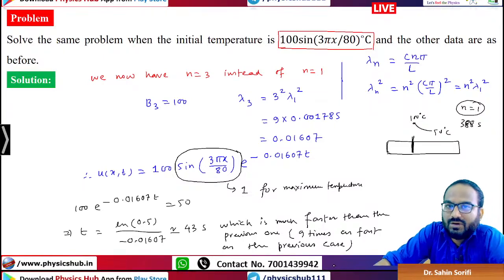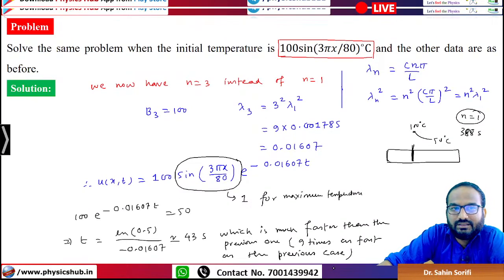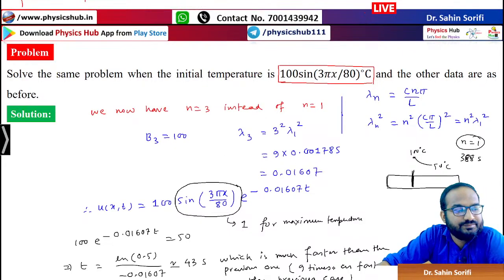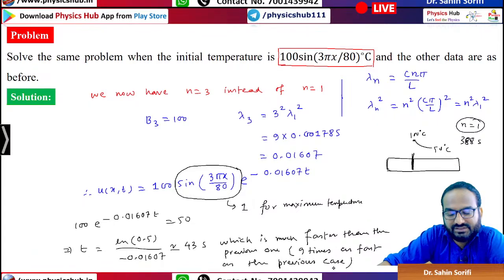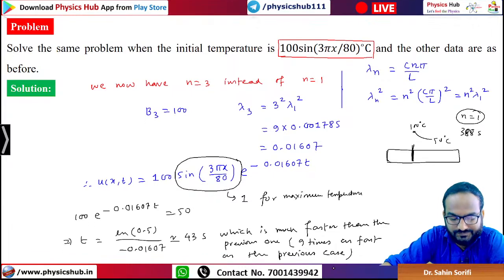Now the question is, why does it decay 9 times faster? Can anyone tell me? If it's sine 2n pi, it will be 0. How will you get 2n pi?